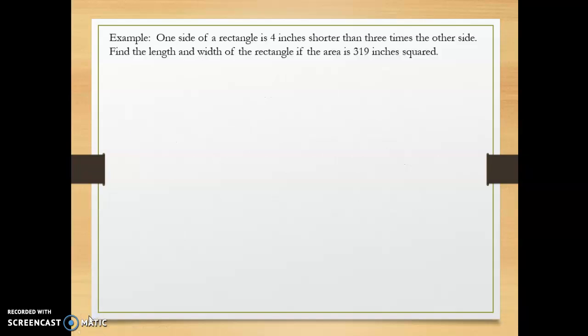In my first example, it says one side of a rectangle is 4 inches shorter than 3 times the other side. Find the length and width of the rectangle if the area is 319 inches squared. So let's see if I can get my pen tool here. One of the first things is I'm going to draw a picture. Okay, it says a rectangle.